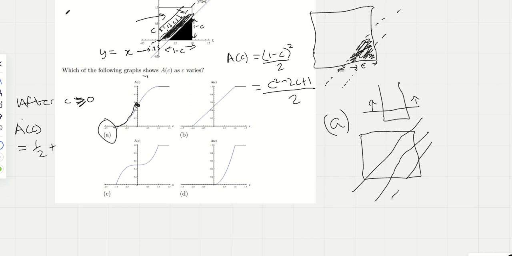So it's going to be a half minus that, which we need to add on. So we've got a half plus a half minus (1 minus c) squared over 2. And so that gives me 1 minus (1 minus c) squared over 2. And I think that's the case when c is greater than or equal to 0.